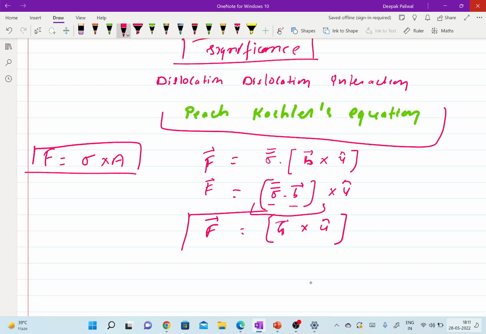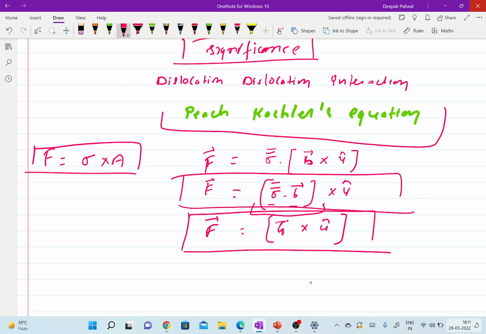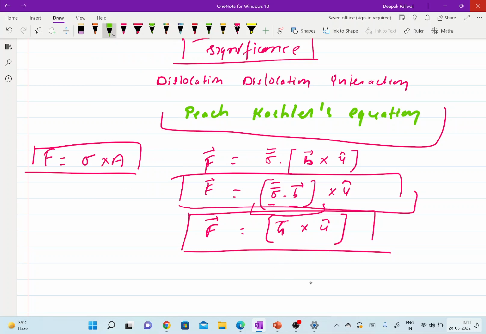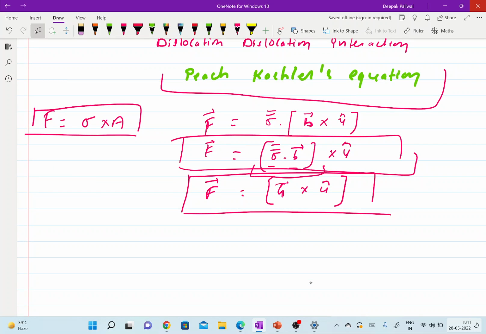This equation is important to understand the various force components involved in the interaction of dislocations. So the important equation again: force is equal to stress tensor dot Burgers vector cross line vector.